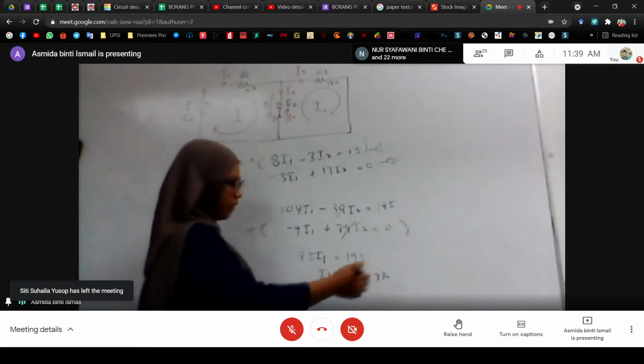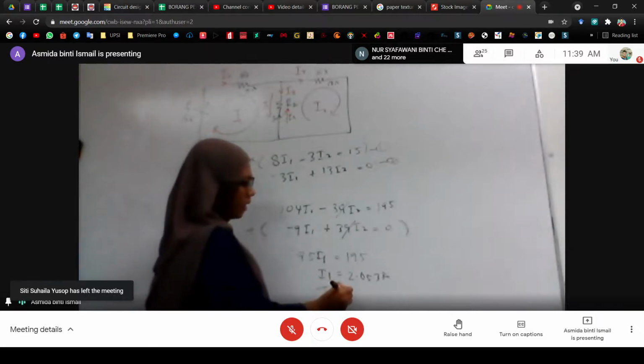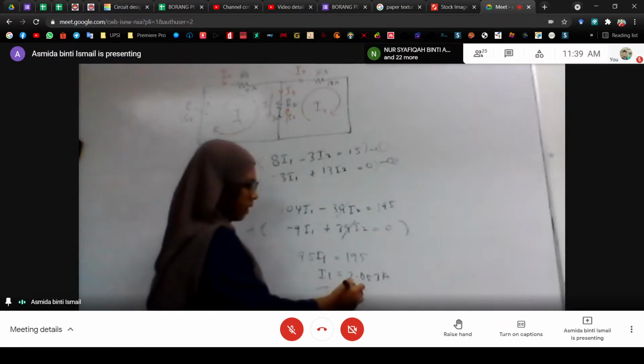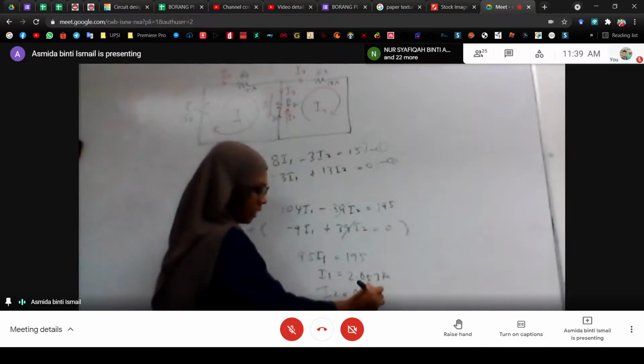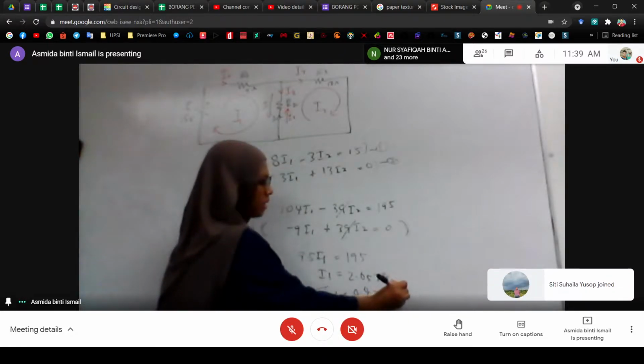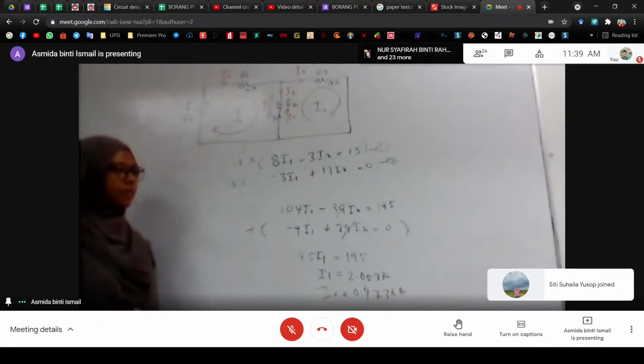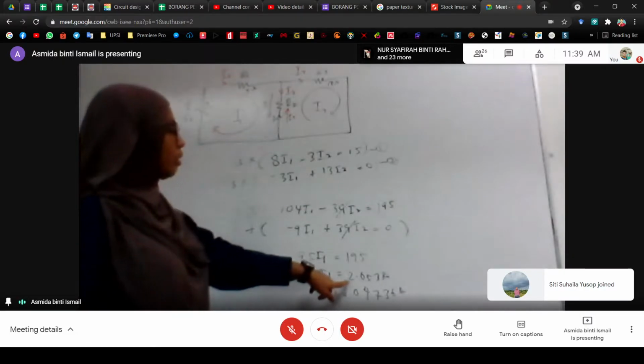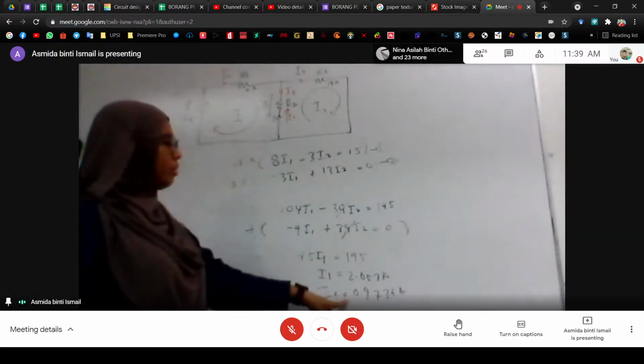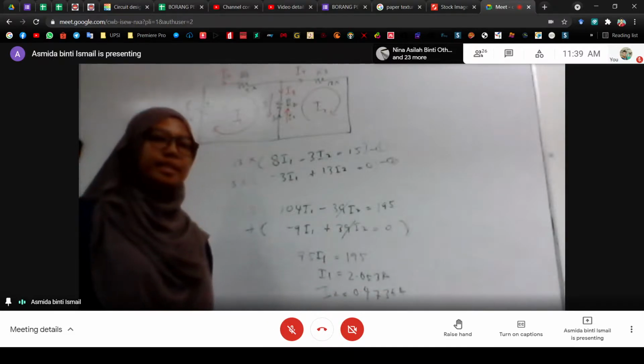Okay, 2.053, and you get the value of I2 is equal to 0.4736. So I1 is equal to 2.053 and I2 is 0.4736.